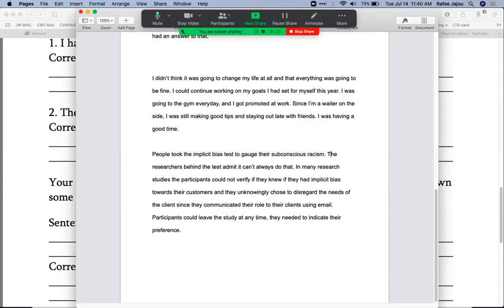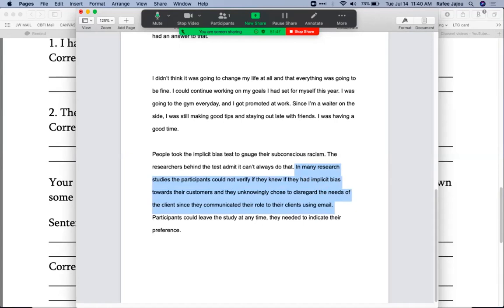How about this one? In many research studies, the participants could not verify if they had implicit bias towards their customers, and they knowingly chose to disregard the needs of the client since they communicated their role to the clients using email. All right, there we go. That is a very common mistake right there.